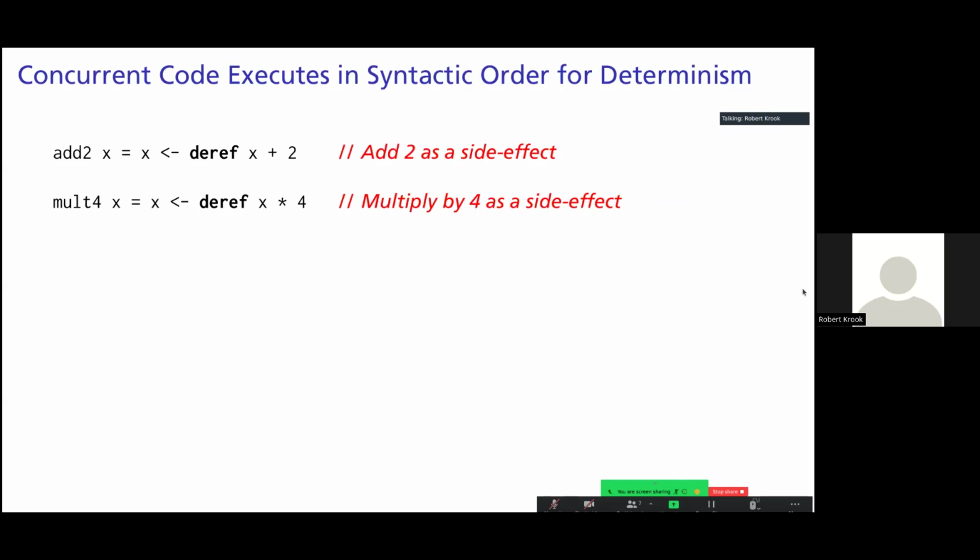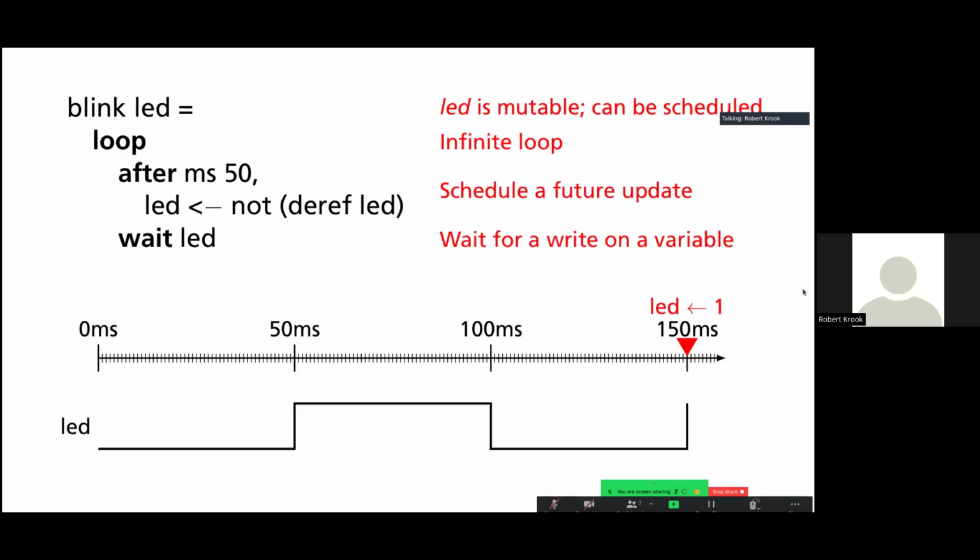Okay. I had a question about the after thing. It's the syntax that I'm not quite clear about. Is this whole thing one construct? Yes, after 50 milliseconds, update LED. Or could I put a wider selection of things after the after? For example, several assignments.